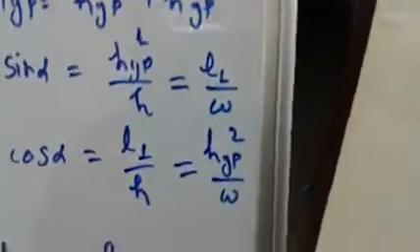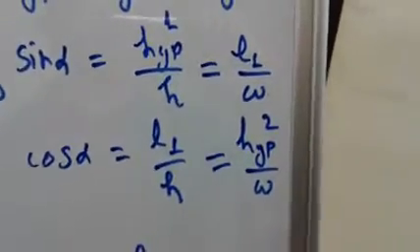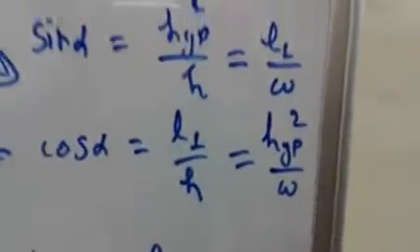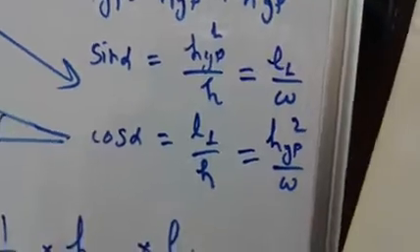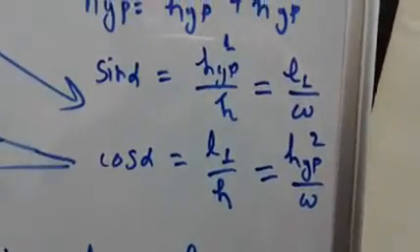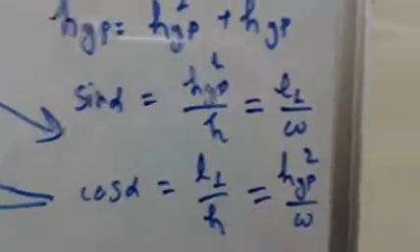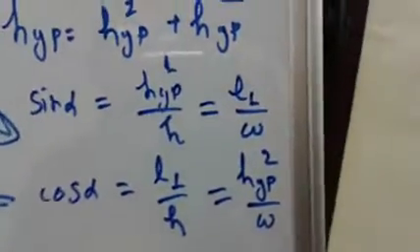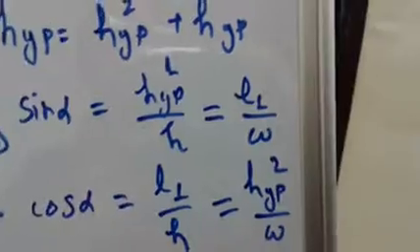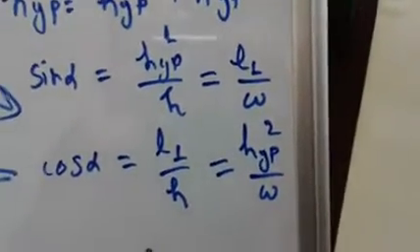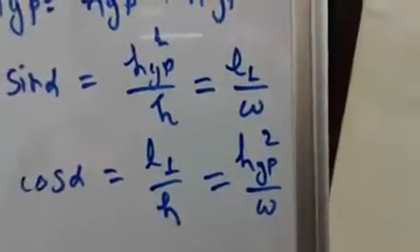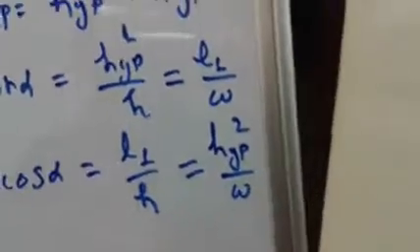Now, see the symmetry of this. See, what it says is that L perpendicular is given by HYP1 into W by H, or HYP2 into H by W. So there is a symmetry.